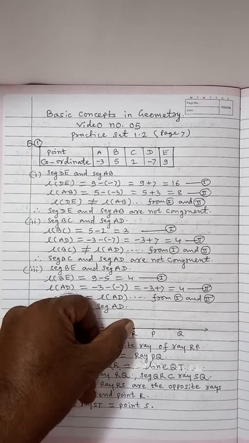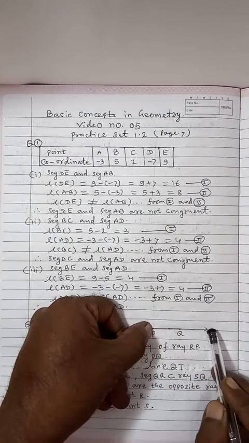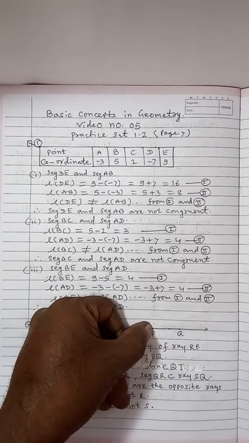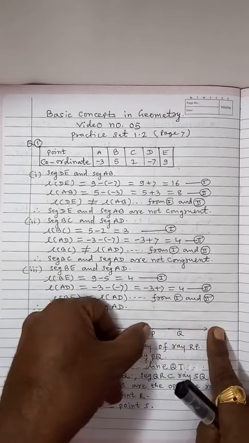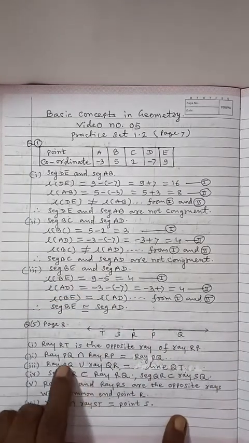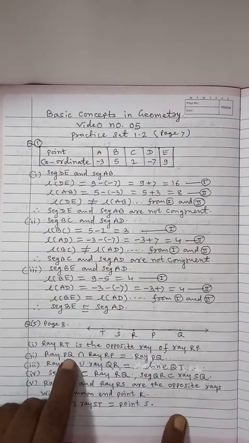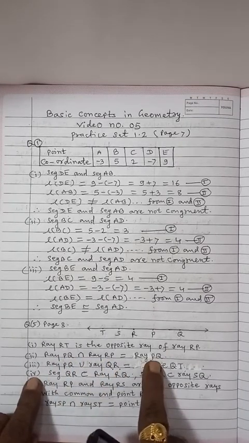Intersection means the set of common points. So the points on ray PQ are common to both ray PQ and ray RP. So ray PQ is the intersection of ray PQ and ray RP. So here is the answer.